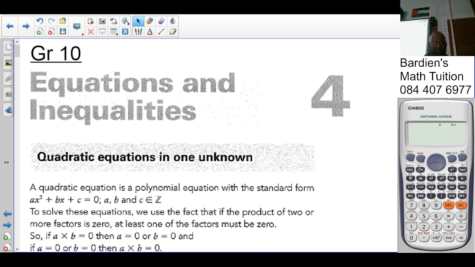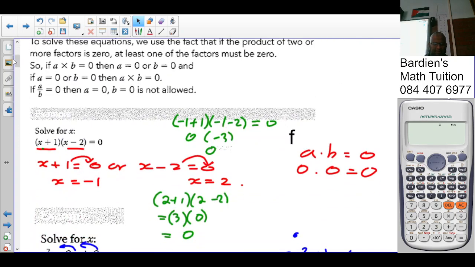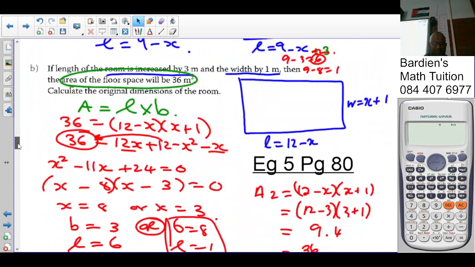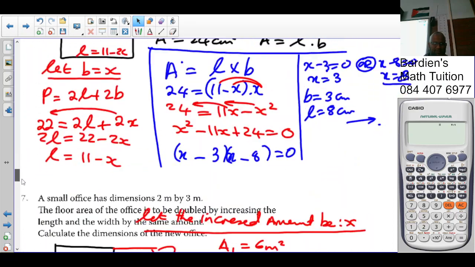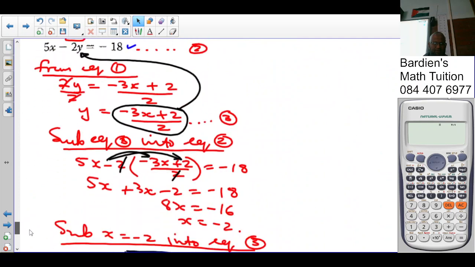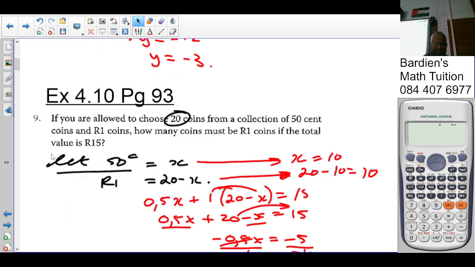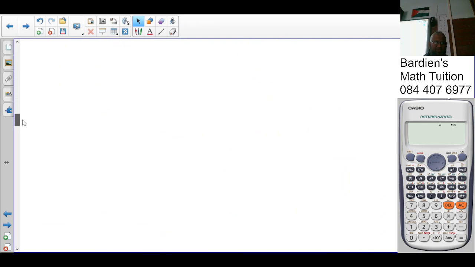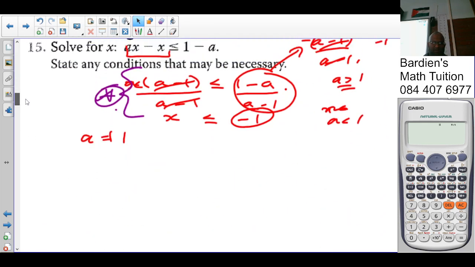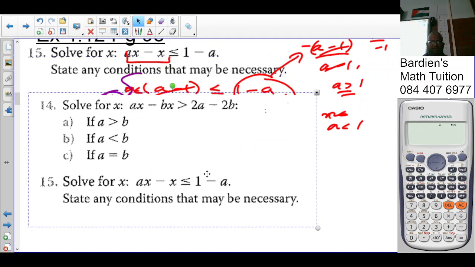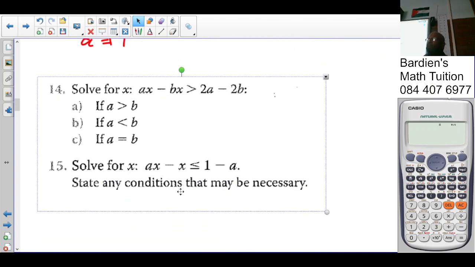Did we mark the odd and even? Yes? So I'm asking you, I gave you the even numbers for homework. Was there any issue with the even numbers? No. Alright.